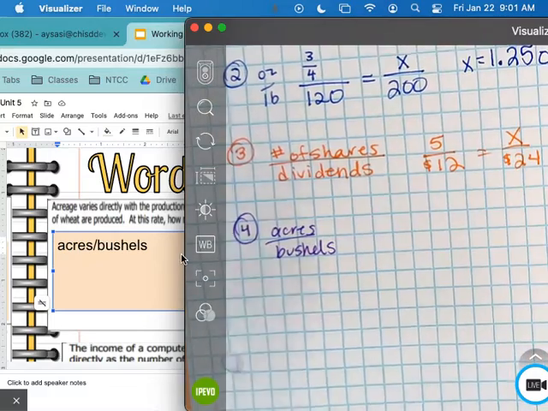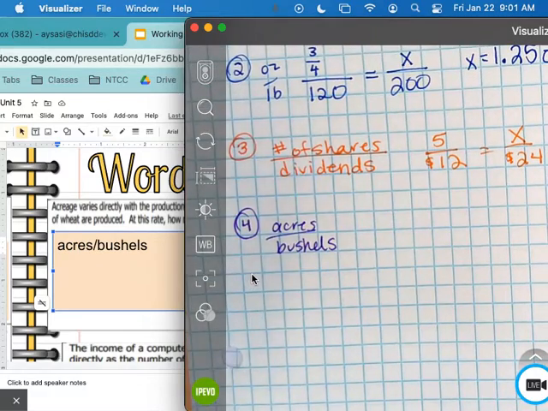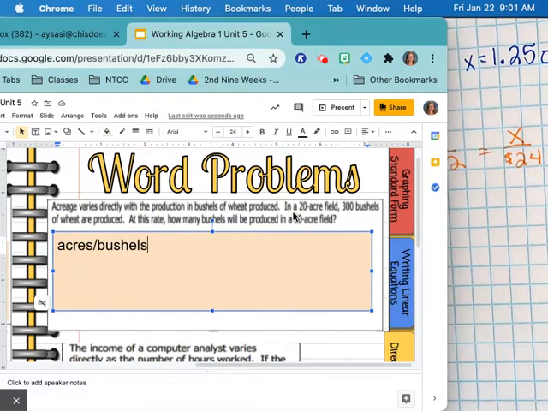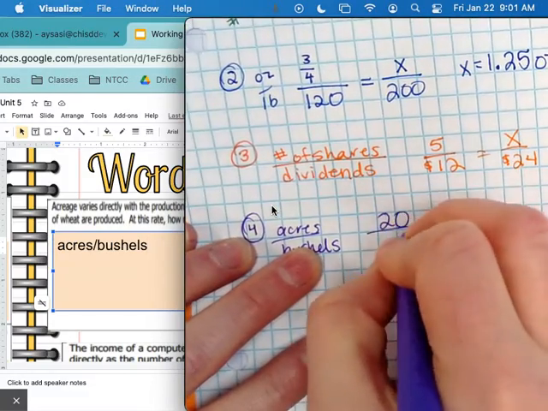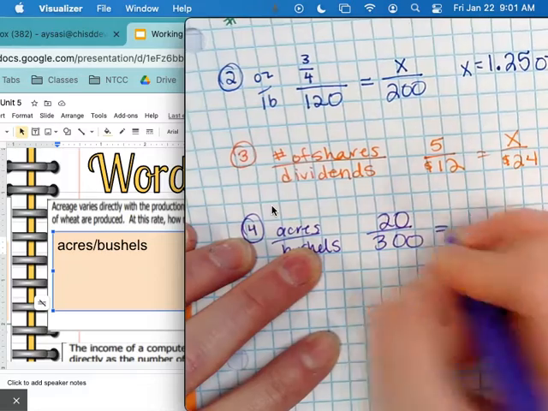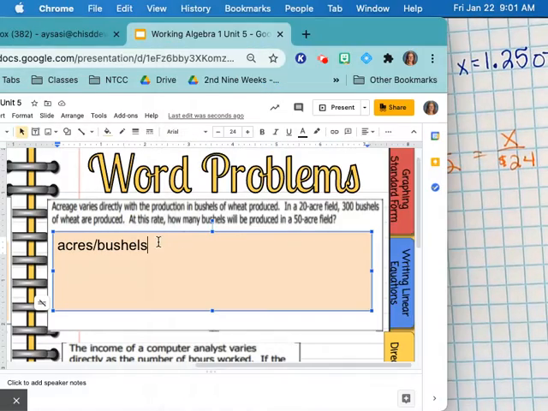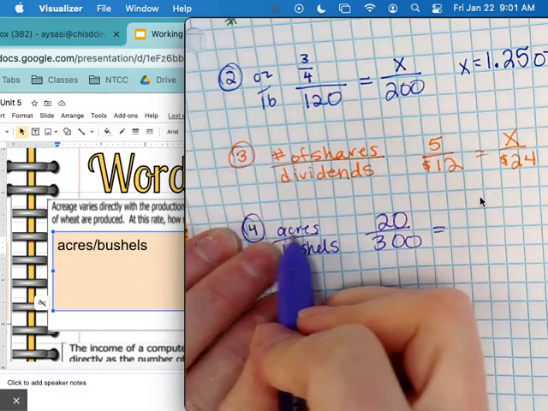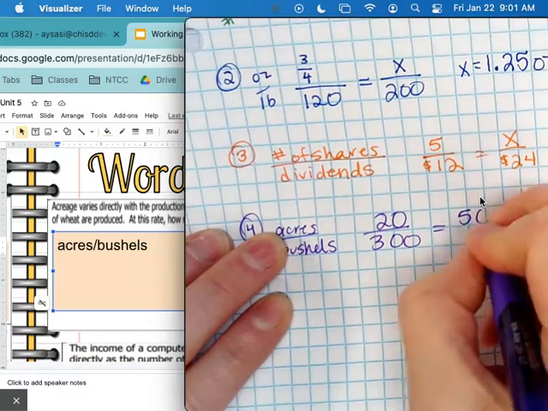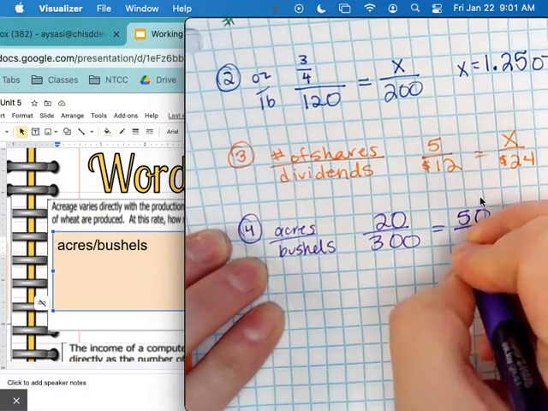So let's plug in so we can make our proportions. So let's see, 20-acre field, 300 bushels. So 20 acres, 300 bushels. And we want to know at this rate how many bushels will be produced in a 50-acre field. Where will 50 go? Top or bottom? Top, because it's going with acres. Got to know what units of measure it is. So we want to know how many bushels.